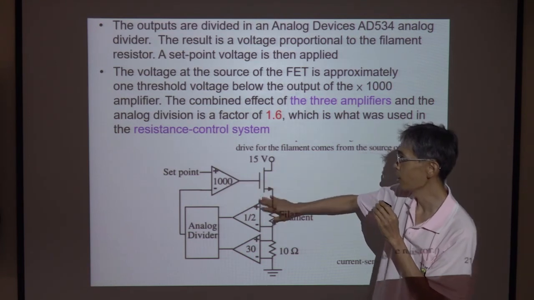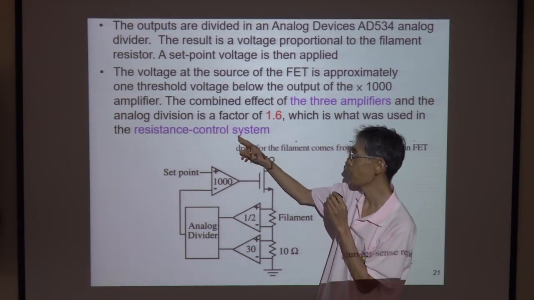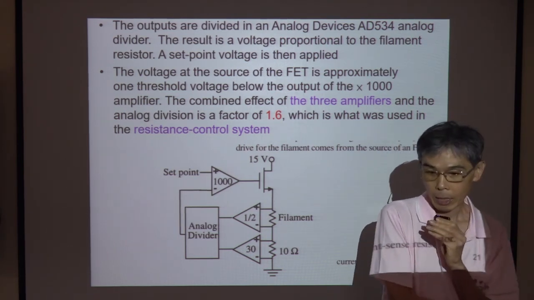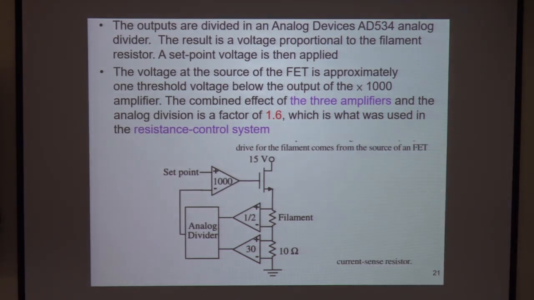This circuit will create this resistance control factor 1.6, Kp. For the detail, you can study analog circuit design. You can go to the electrical engineering department to select the course. You'll be excited. Okay, next page.